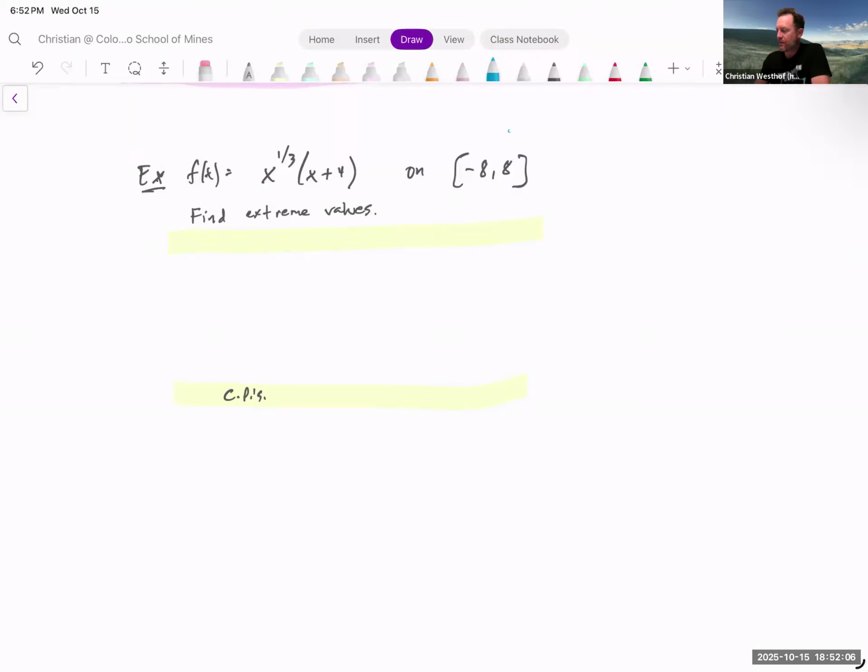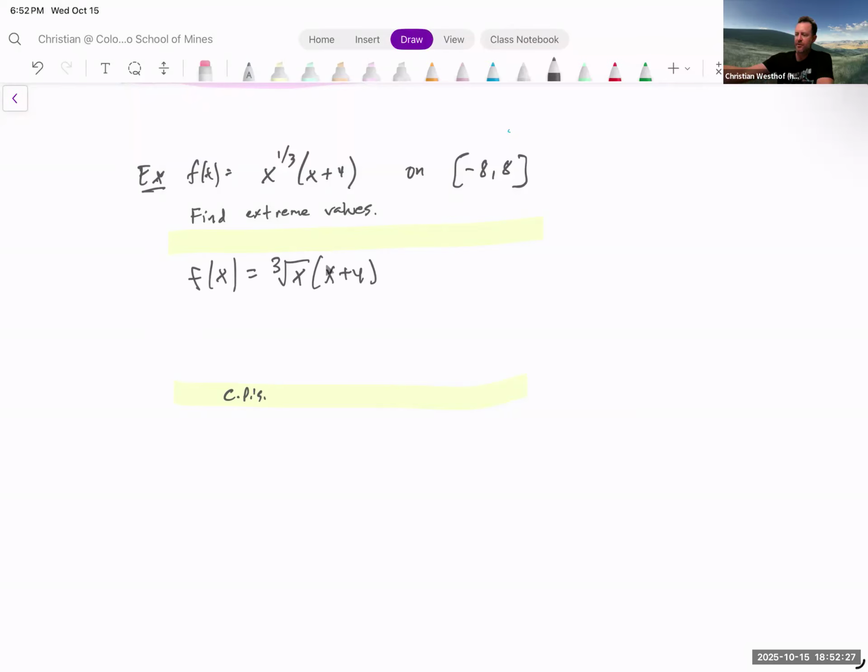So let's say our function f of x is the cube root of x times x plus 4, and we're wondering if this is defined for all x values from -8 to 8. Is it continuous on those values?